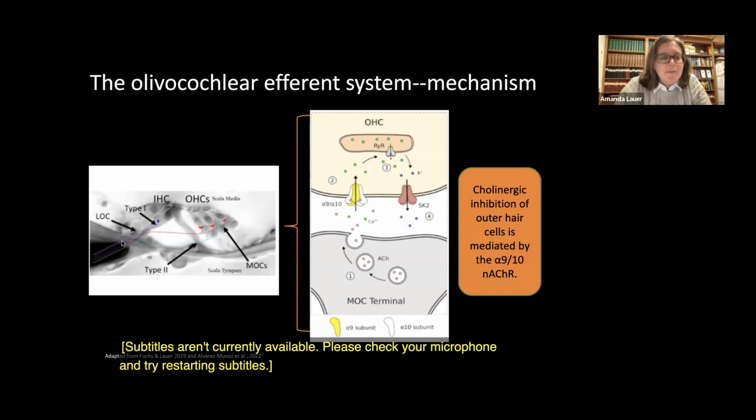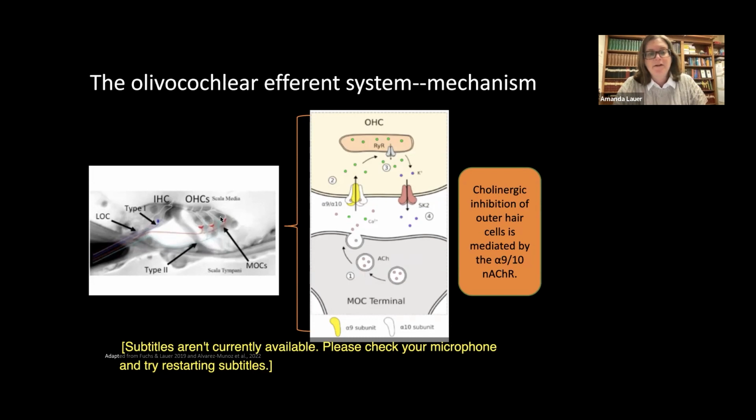There are also these unmyelinated lateral efferents that form synapses with the type 1 spiral ganglion neurons in the vicinity of the inner hair cell, at least in adult animals and humans. These are not very well understood because they're neurochemically complex, and because they're unmyelinated, they're kind of hard to study with physiological techniques in general. So most of what I'll talk about is relating to the medial efferents today. We'll throw a little bit of lateral efferent data in there.